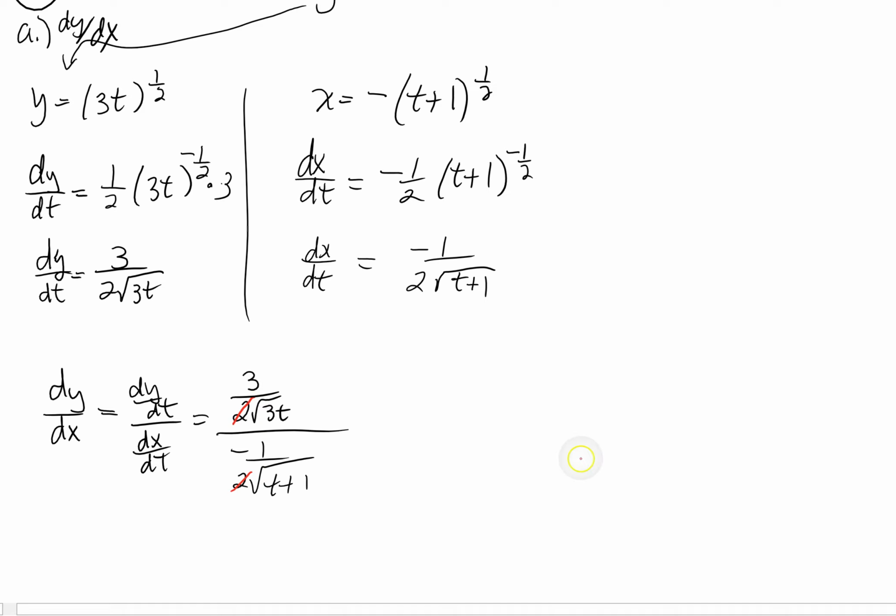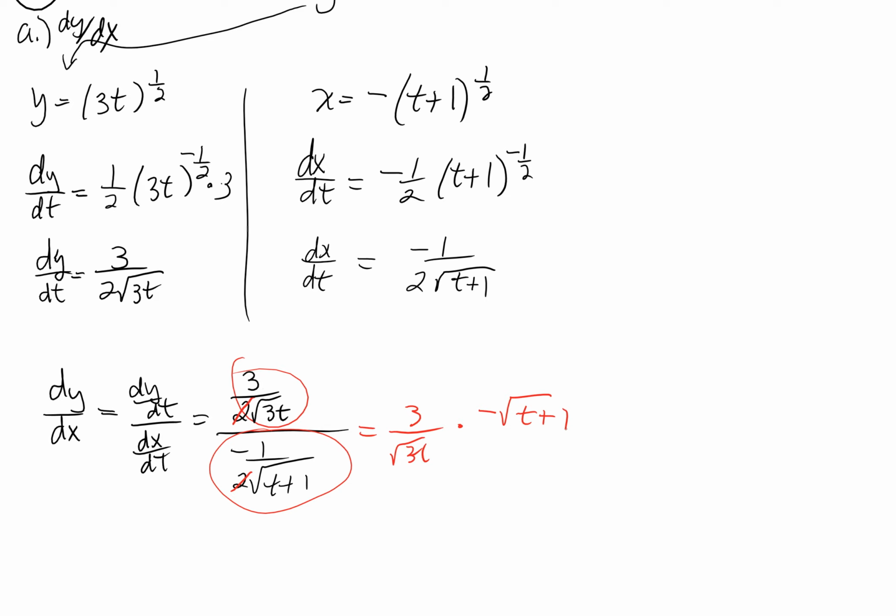And then what? Well, you've got your 3 over your radical 3t. That's this numerator right here. Then you're going to multiply by this reciprocal, and that's going to be like multiplying by a negative radical t plus 1.